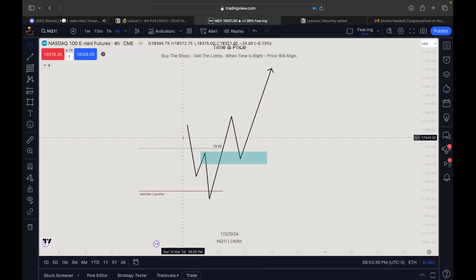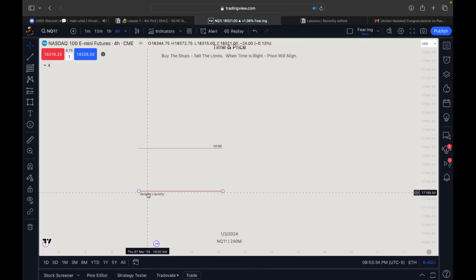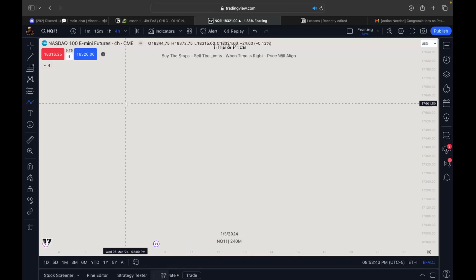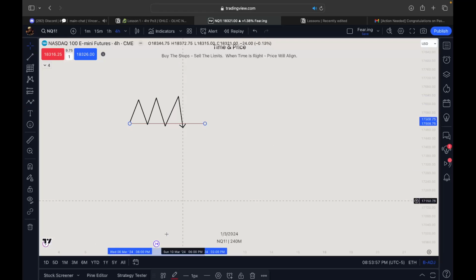Let's go into a bearish example. So bearish example, same thing, accumulation. We want to see manipulation.